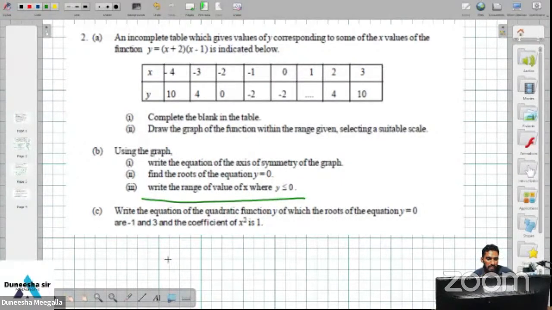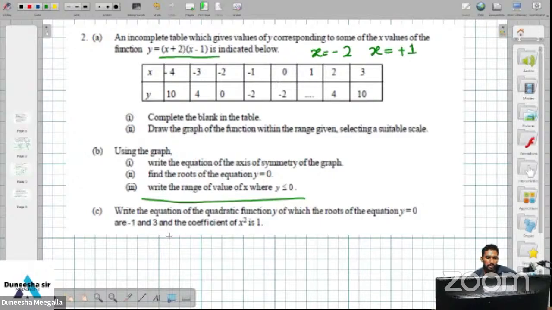Then could you find the roots? The roots are x equal -2 and x equal +1.